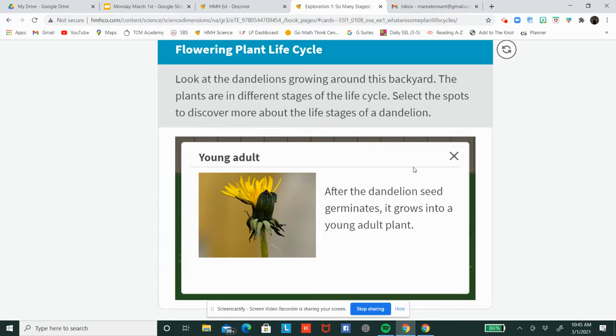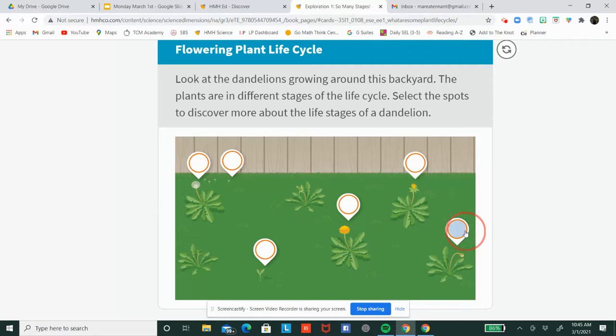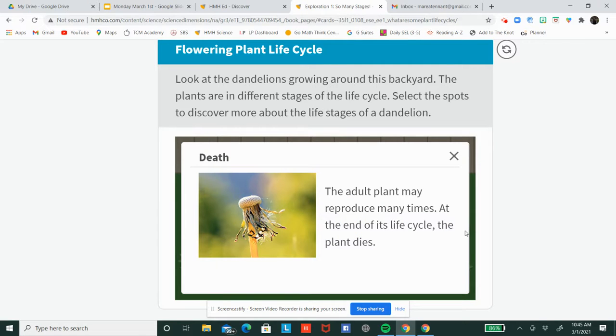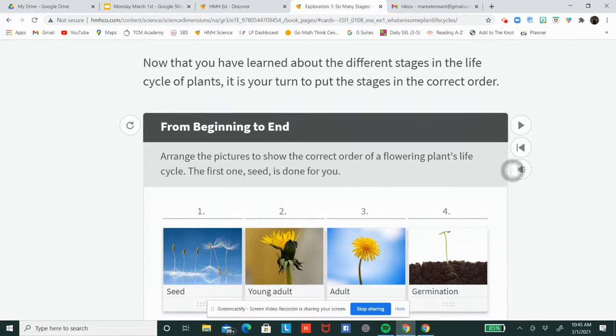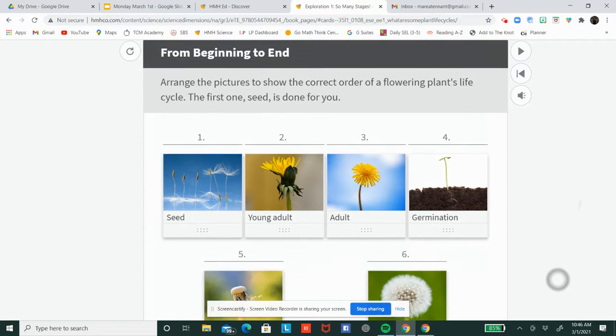We've got the young adult phase, so it's growing after it's been germinated. And then death, you know, it may reproduce many times. At the end of its cycle, the plant dies. So now that we have learned the different stages, let's try to put them in order.